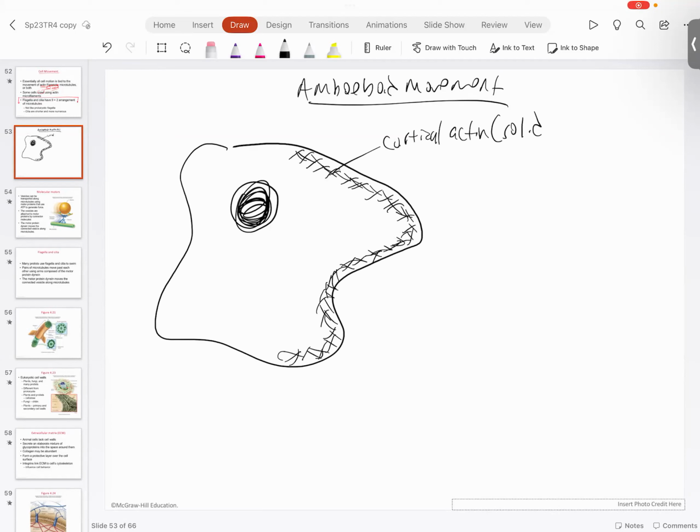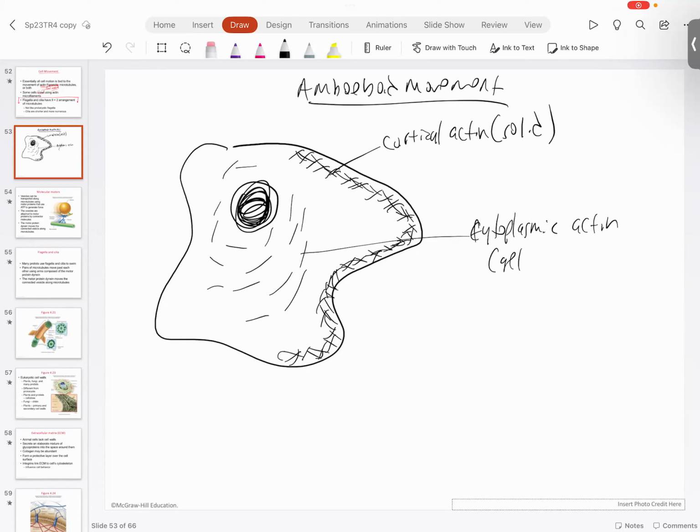And it's a solid matrix, and it goes all the way throughout the periphery of your cell. Now, also in your cell, at least in amoeba, there are actin fibers that are just kind of floating around in your cytoplasm. So this is basically cytoplasmic actin, and it's kind of like a gel fluid. So it's got a flow to it.